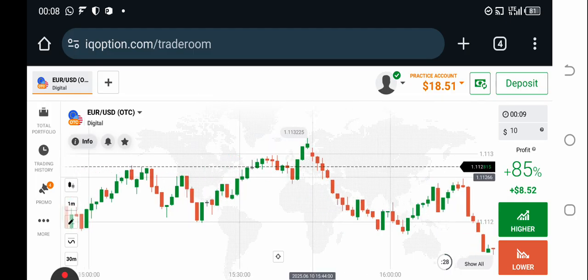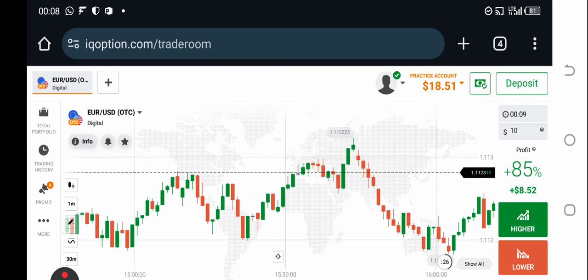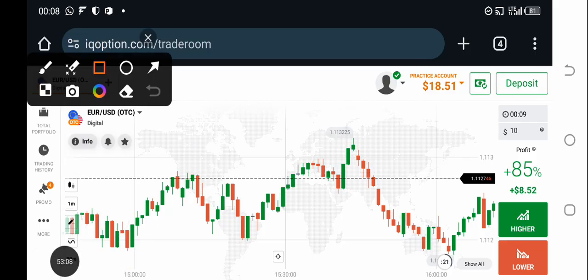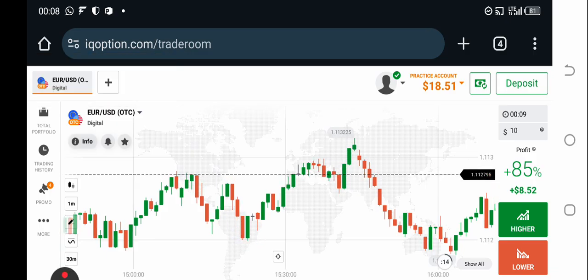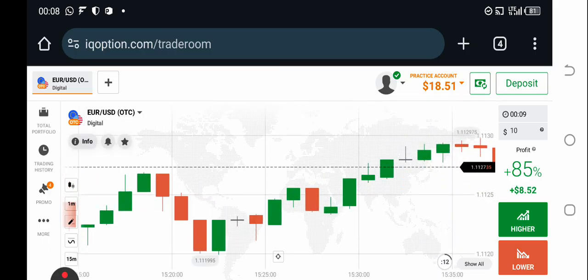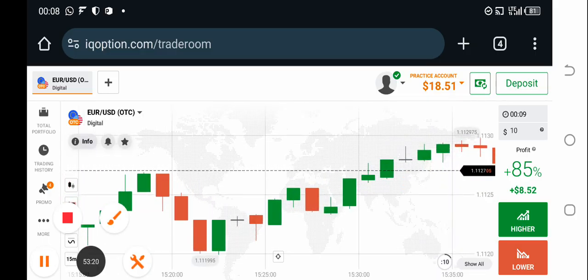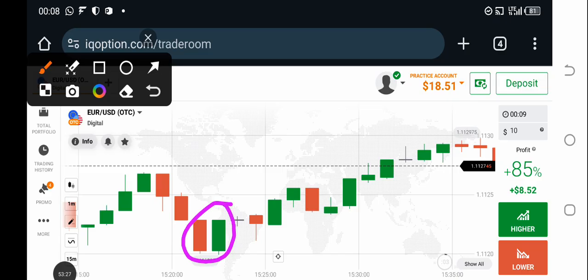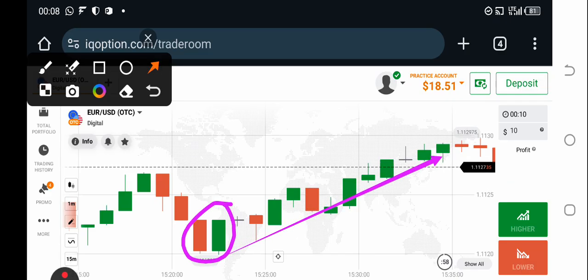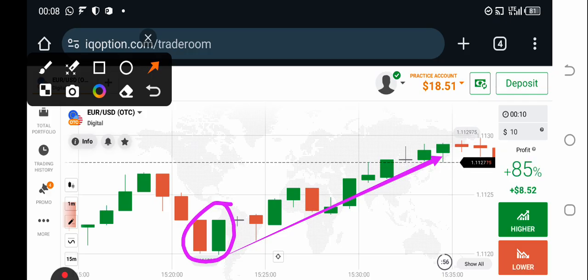This candle is also a tweezer. These are tweezers, the two candlesticks. You can see these are perfect tweezer candlesticks, like I told you. Tweezer top appearing in a downtrend, meaning the market wants to shoot up.